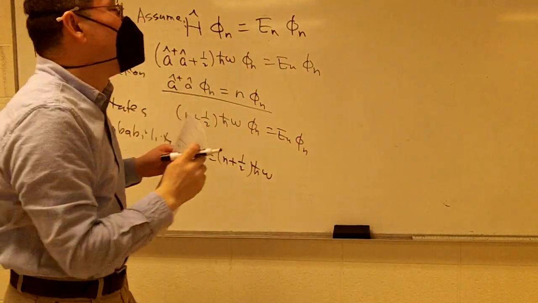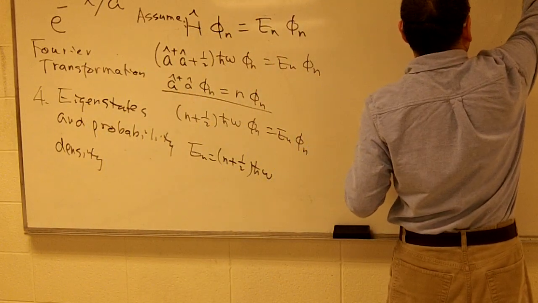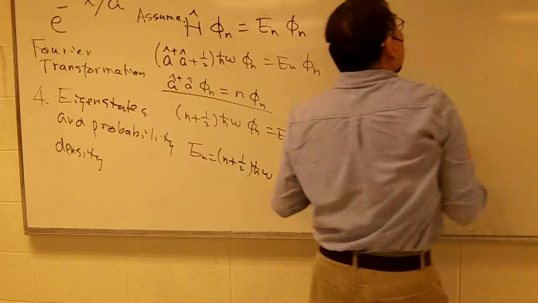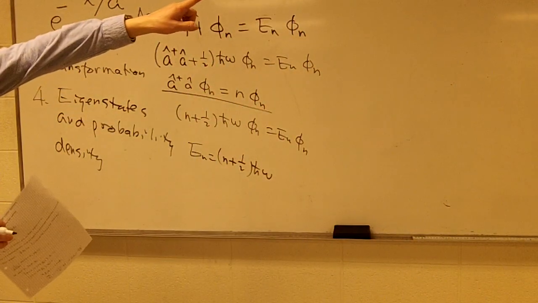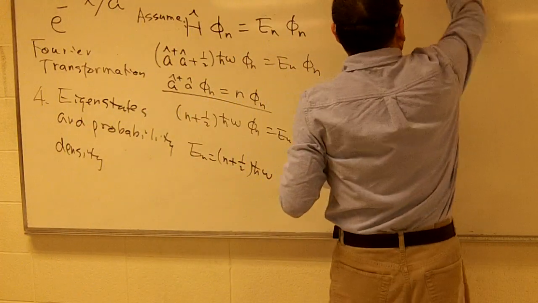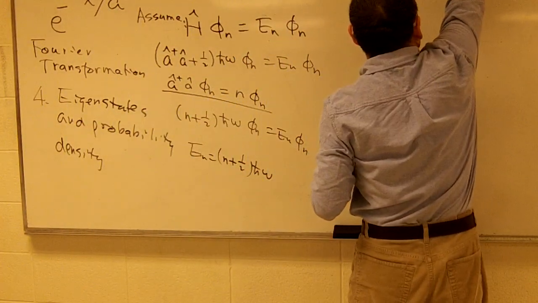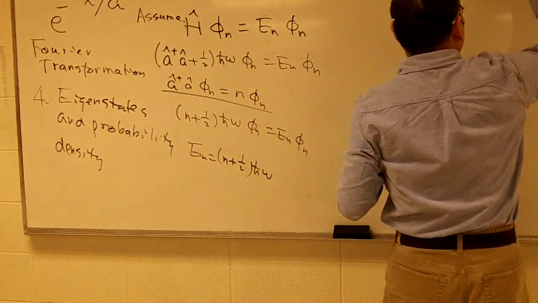Any phi prime will also be an eigenstate. So we are going to prove that a dagger applied to phi sub n is also an eigenstate. We're going to prove this now.